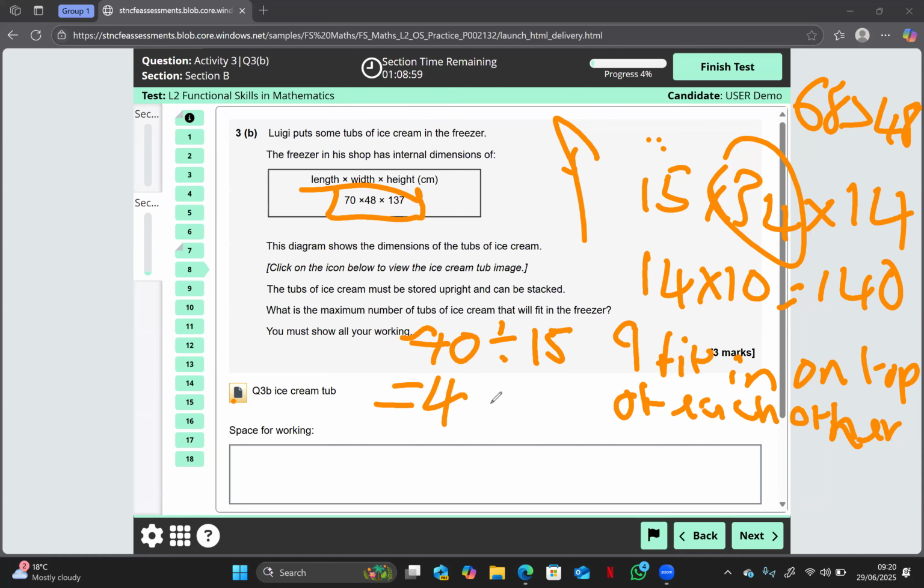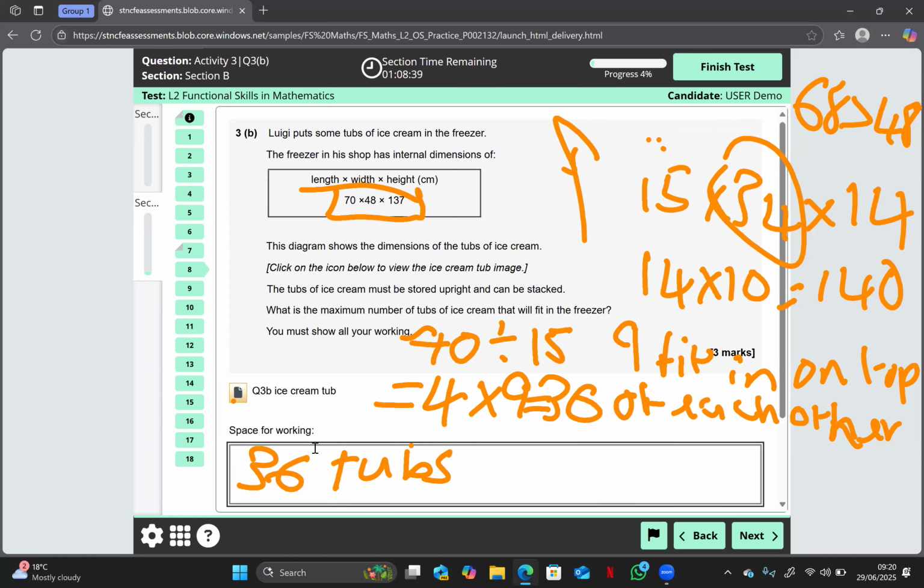It can be 9 times 4, which is 36. So, in my opinion, there will be 36 tubs. That's the maximum number of tubs that can fit in.